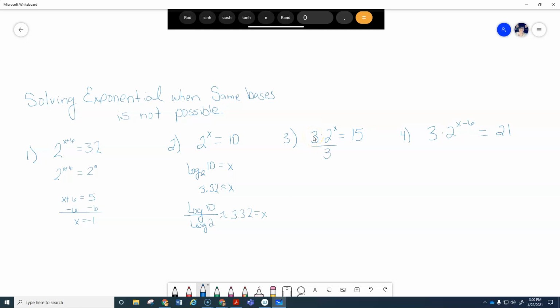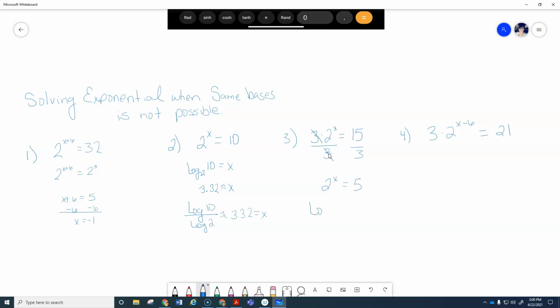The only thing you can have on that side of the equal sign when you write a problem as a log is your base and your exponent. So over here we've got to get rid of that times 3, and the way we get rid of the times 3 is to divide both sides by 3. So this becomes 2 raised to the x is equal to 15 divided by 3 is 5, I believe.